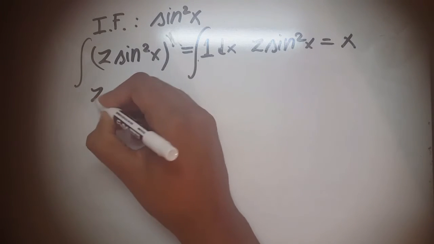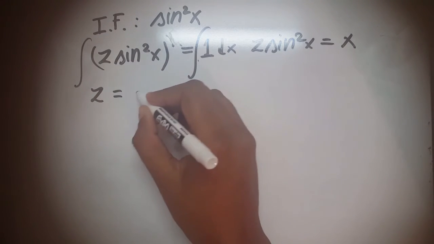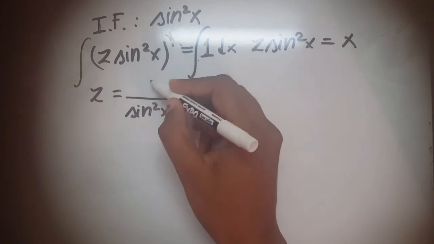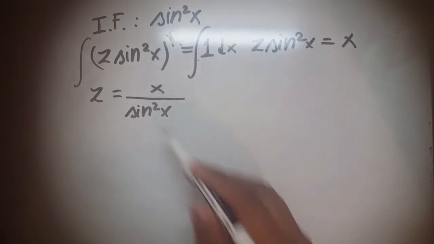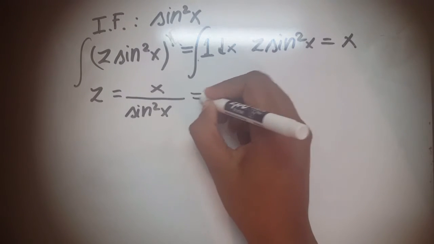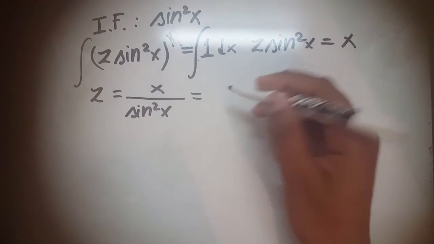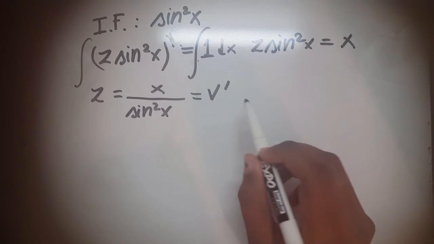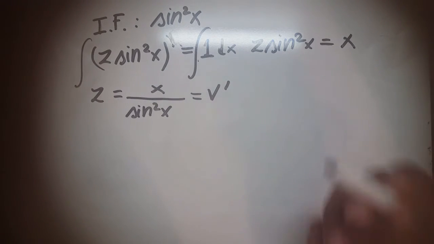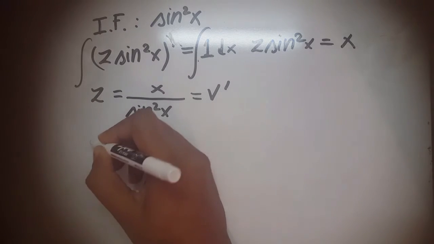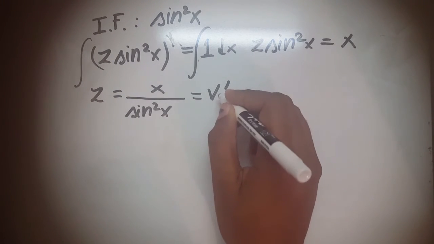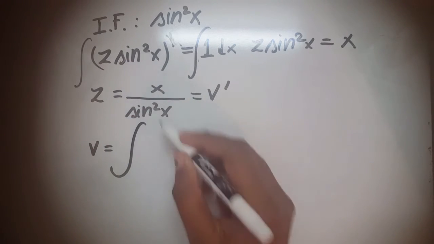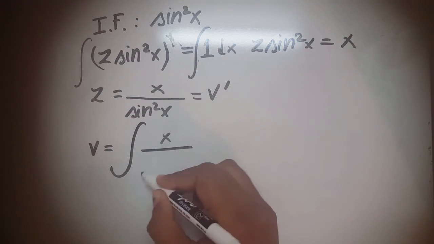Then we can further simplify it by dividing both sides by sine squared of x, and this function would be our v prime. Not quite what you're looking for, but we're getting close to the final answer. So in order to find v, we will have to find the integral of this function.